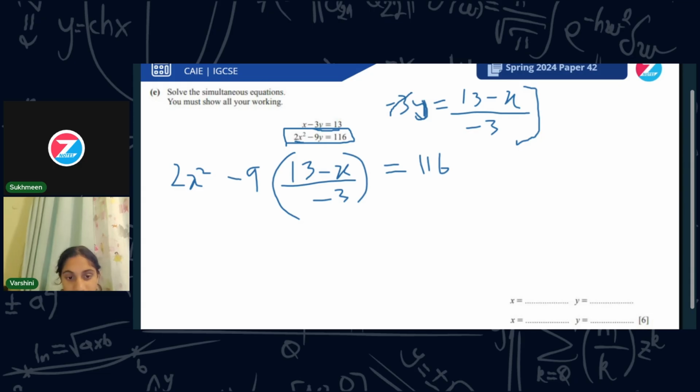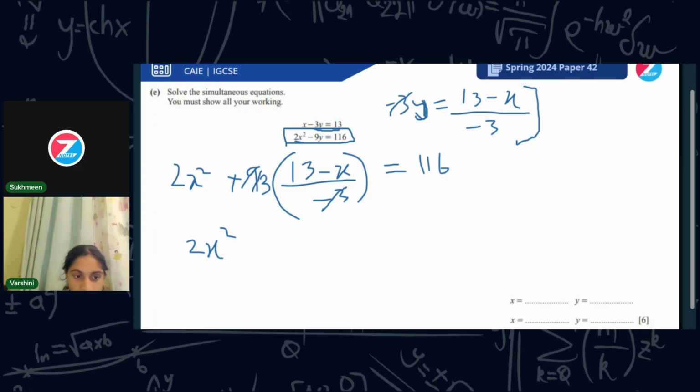So now we can expand this. We know minus 9 divided by minus 3, if you put that in your calculator, is going to give you 3. So we can rewrite this as 3. Okay, so again, let's simplify this. 2x squared plus, remember, minus 9 divided by minus 3 is going to give us plus 3, not minus 3.